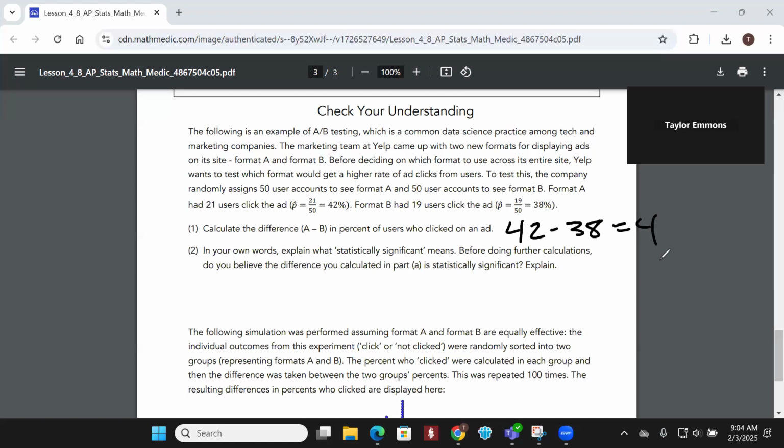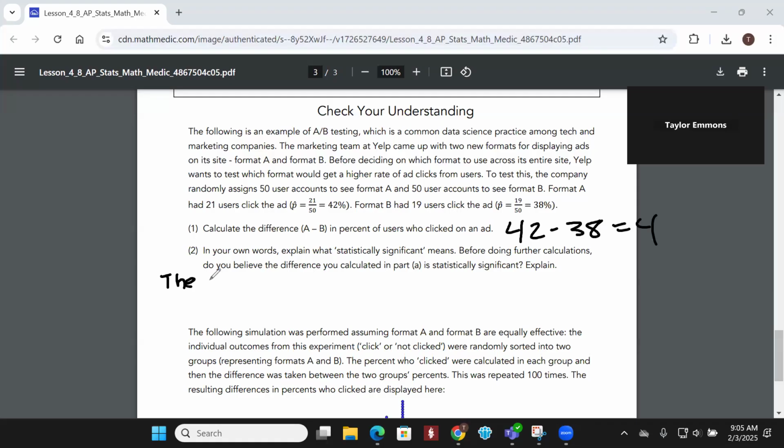In your own words, explain what statistically significant means. Before doing further calculations, do you believe the difference you calculated in part A is statistically significant? So what does it mean? I ask you for words and all of a sudden, you shut down. Okay, so let's talk.